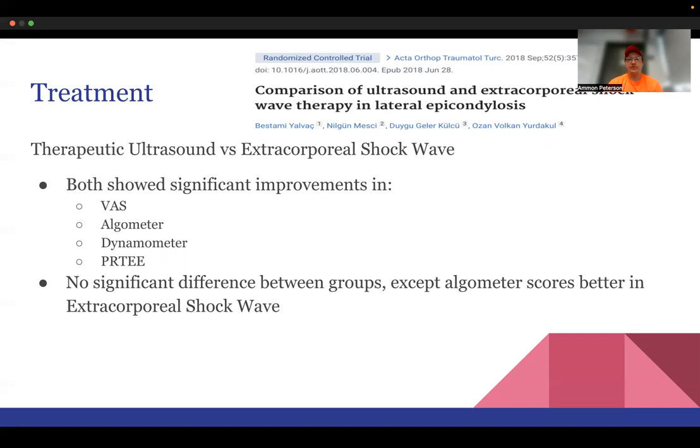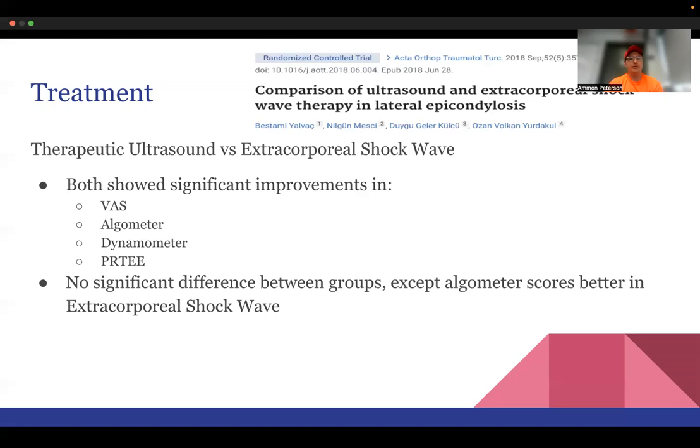The extracorporeal shockwave therapy was 10 to 15 hertz, 1.5 to 2.5 bar density, 2,000 pulses, and 1 time a week for a total of 3 times.